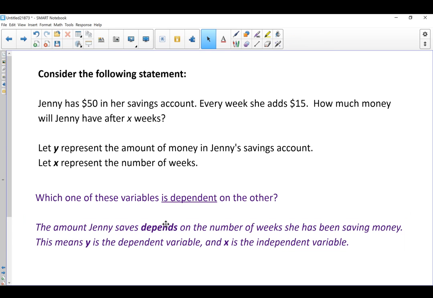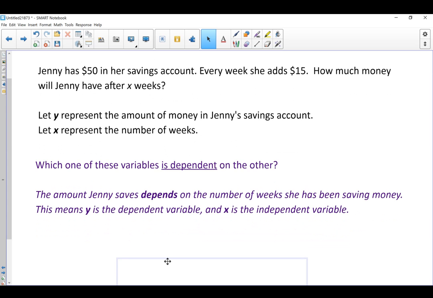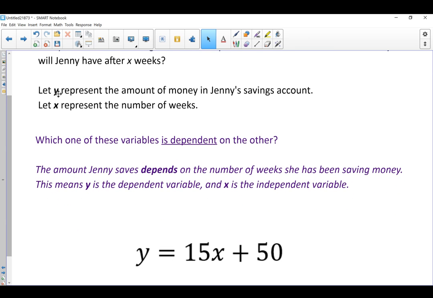So the amount Jenny saves, which is y, depends on the number of weeks she's been saving money. This means y is the dependent variable and x is the independent variable. So our equation would look like this: y is equal to 15x plus 50.